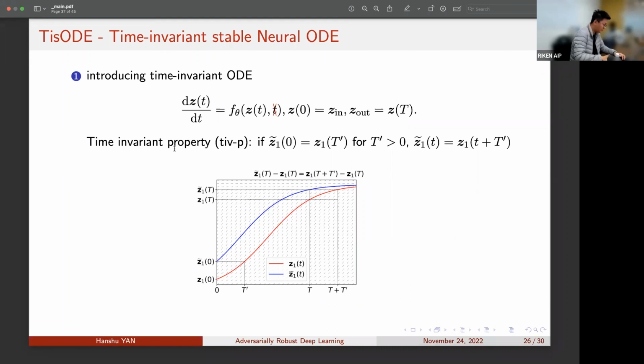Now we have a time invariant property, and it means that suppose we have the evolution trajectory, the red line z1, and its perturbed version tilde z1, and the initial state of tilde z1 is equal to the state of z1 evaluated at t prime. Then we know that the blue line is nothing but the horizontal translation of the red one.